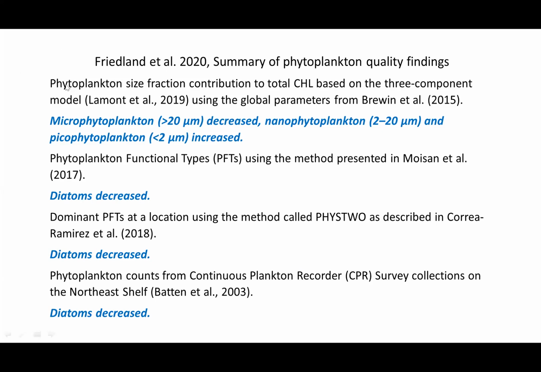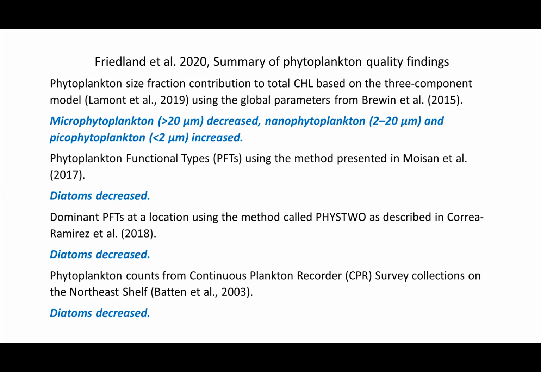The first analysis I'm highlighting here estimates the cell size distribution in the phytoplankton community. And what we noticed is that the larger size classes, the microphytoplankton, which are greater than 20 microns, have decreased quite dramatically in the Northeast Shelf, whereas nano and picophytoplankton have increased.